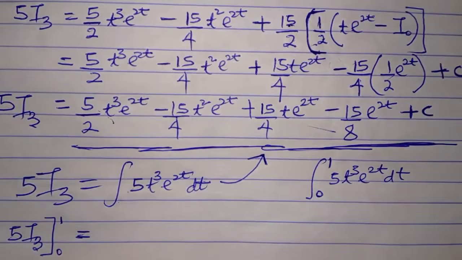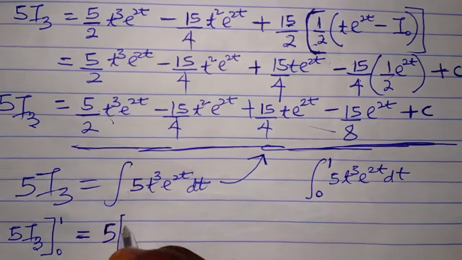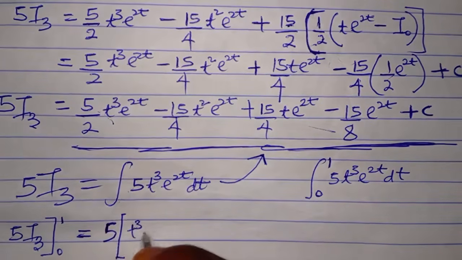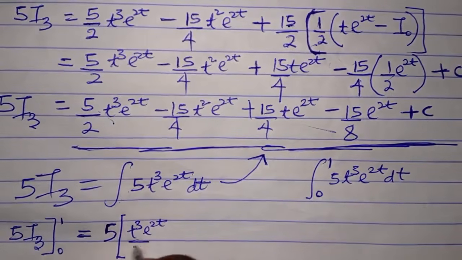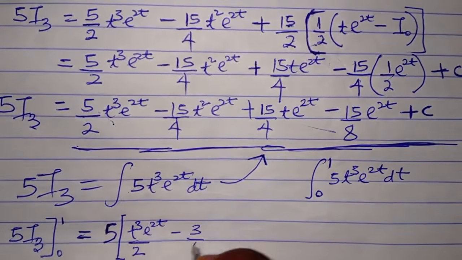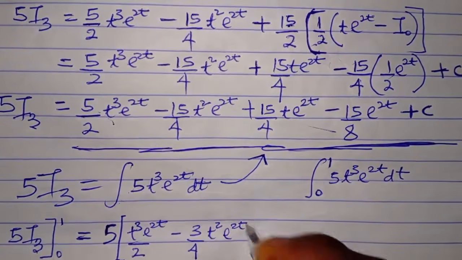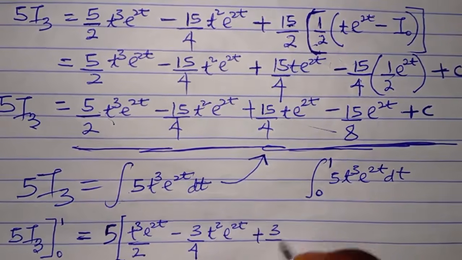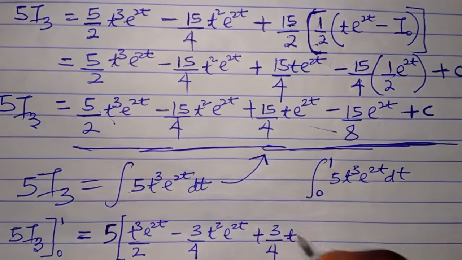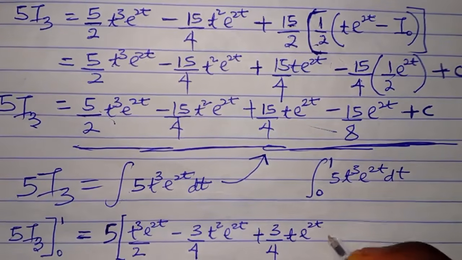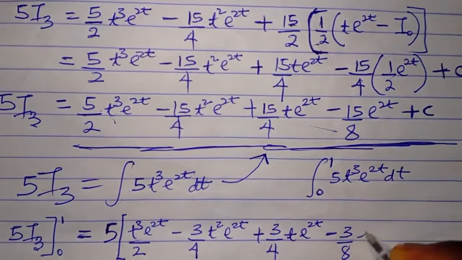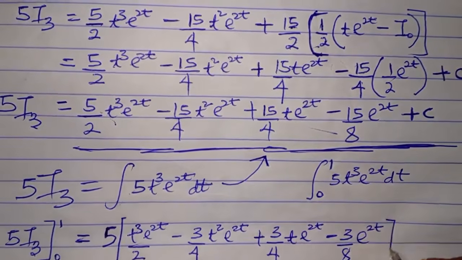I want to factor out 5. That will be t cubed e to the power of 2t over 2 minus 3 over 4 t squared e to the power of 2t plus 3 over 4 t e to the power of 2t minus 3 over 8 e to the power of 2t.